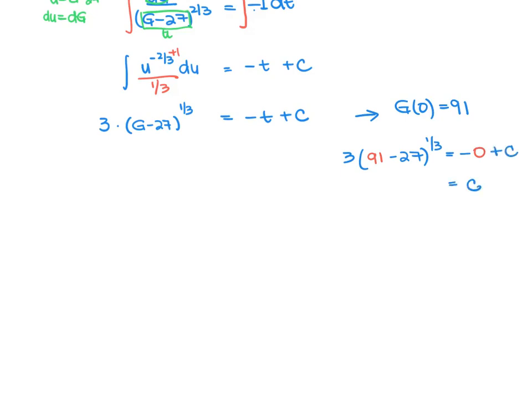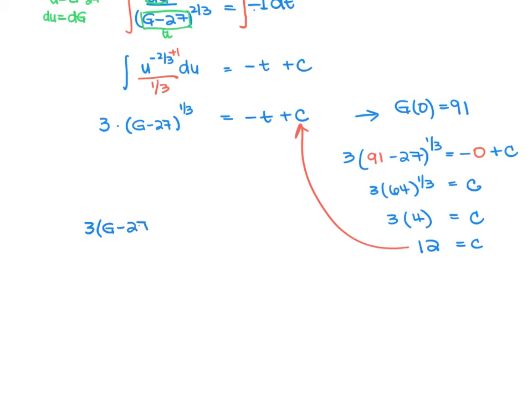So c would equal 3 times 64 to the 1/3. And 1/3 exponent means cube root. So cube root of 64 is 4. So c is equal to 12. And we're going to take that and plug it into c. So we have 3 times the quantity g minus 27 to the 1/3 equal to negative t plus 12.